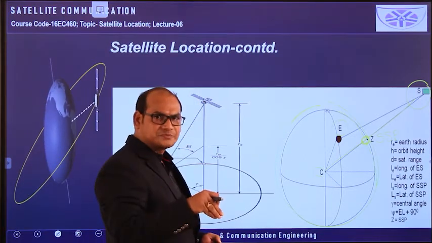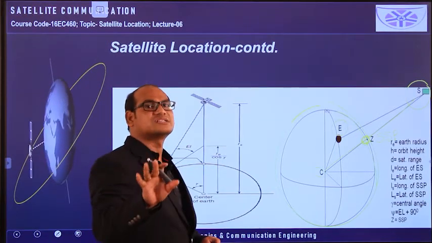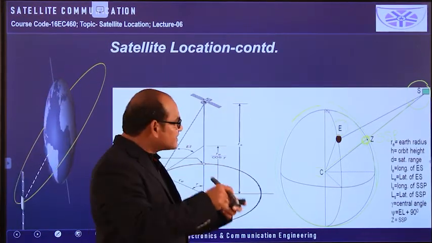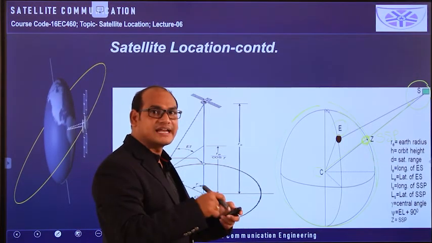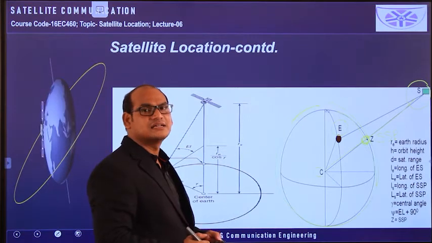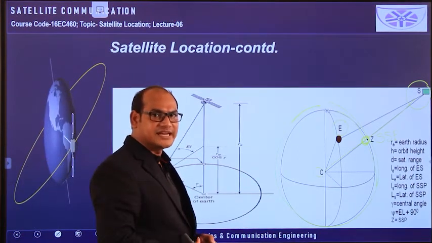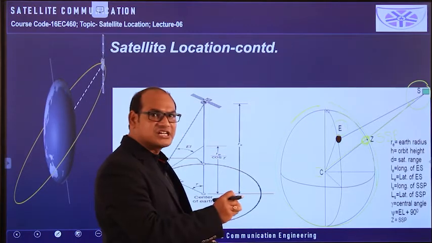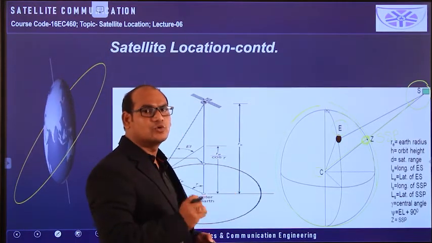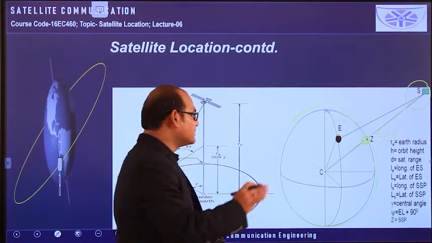The earth station and the subsatellite point are both on the surface of the earth. So the distance from the center to the earth station and to the subsatellite point is called the earth radius only. By considering the earth to be spherical in nature, the earth station and the subsatellite point are both at the earth radius distance from the center.